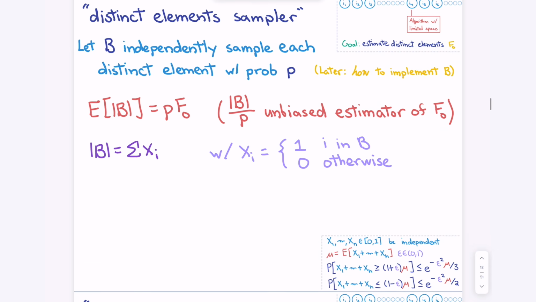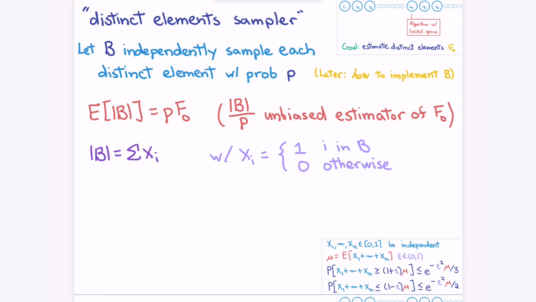Okay, so our set B, we can think of it as a random sum, right? Where you have an indicator variable for each of the distinct elements. So we can apply this thing.